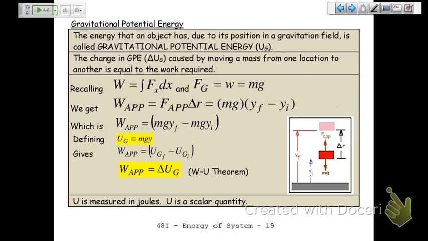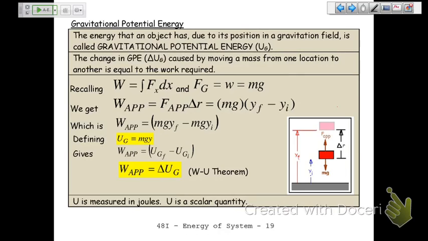I have a starting height and an ending height. The energy that an object has due to its position in a gravitational field is called gravitational potential energy, U_G. The change in gravitational potential energy, delta U_G, caused by moving a mass from one location to another, is equal to the work required.